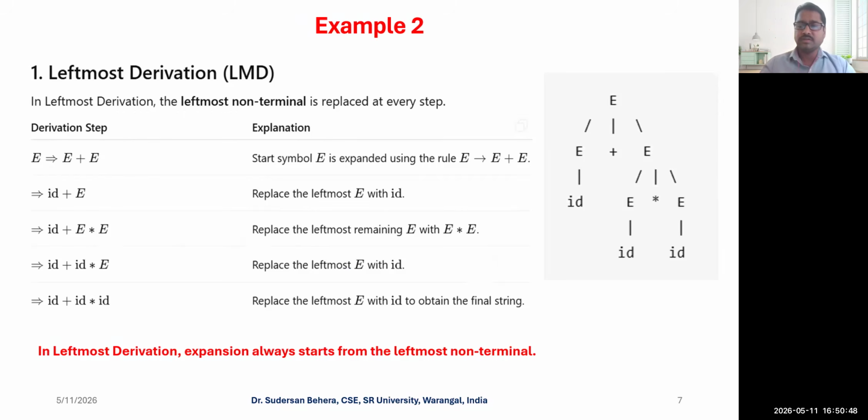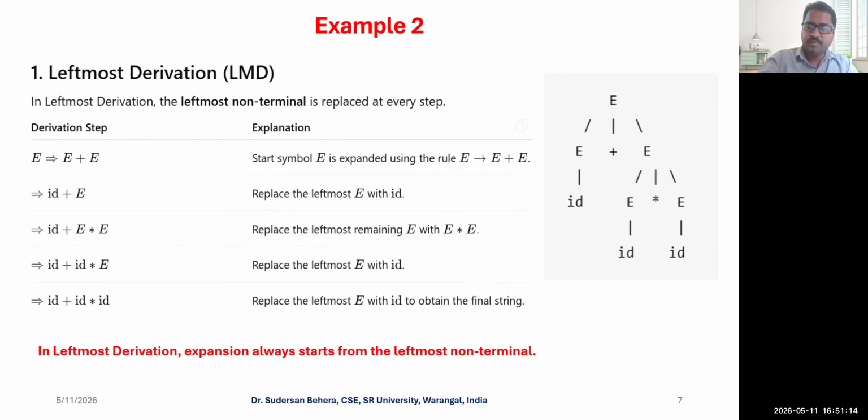Now in that E into E, you got two new capital E's, one on the left side and another on the right side of the into operator. So first you expand the left side E, which is to the left of the into operator. That got expanded as ID, and finally the third E got expanded as ID.